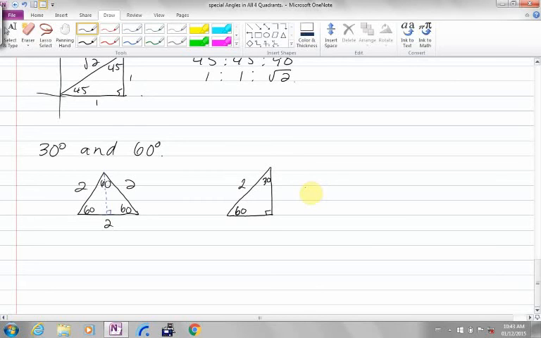What does it do to the side length? It also has to cut in half, because if you think about an equilateral triangle, it's symmetrical, right? So you could take that and you could fold it in half. That would be the same as dropping down an altitude in the middle. So this length here becomes 1. What would be the length of the altitude or the height?